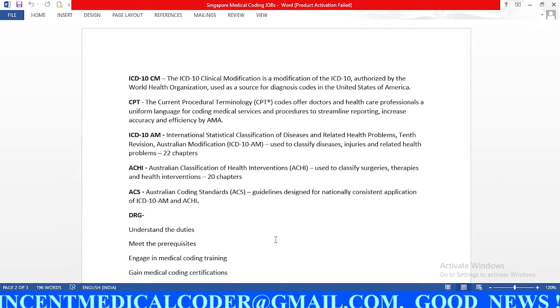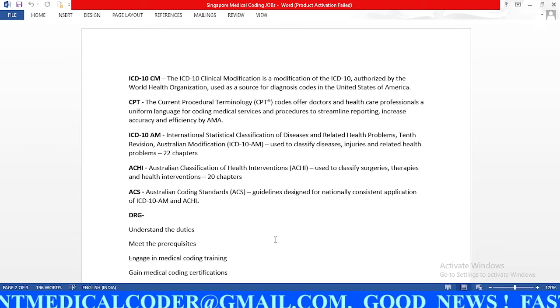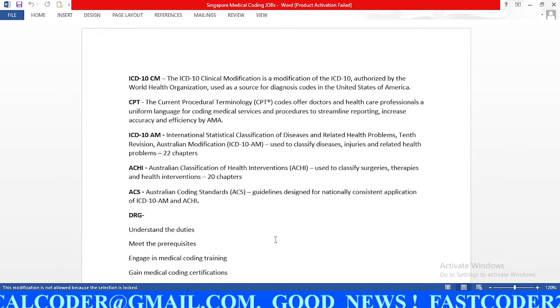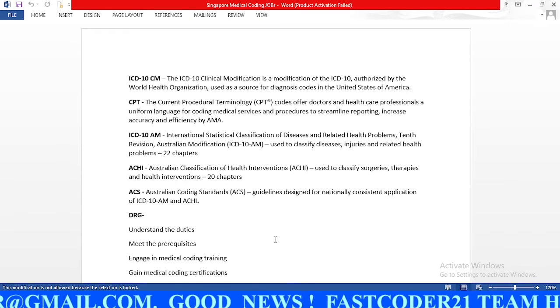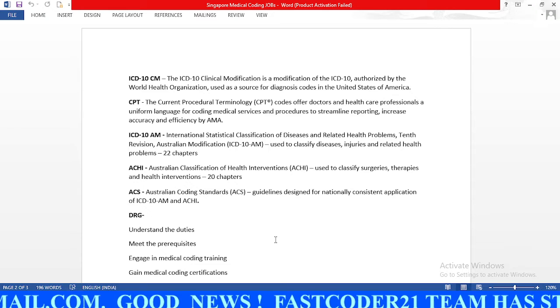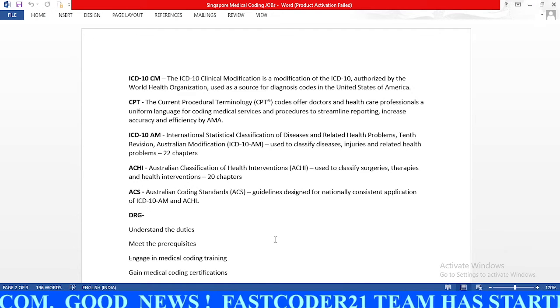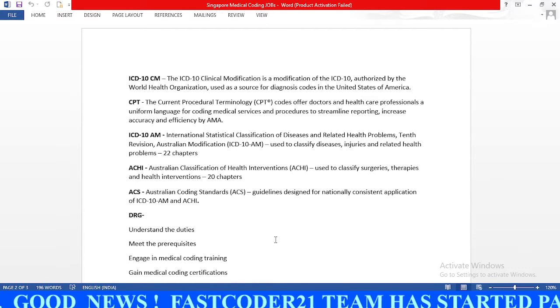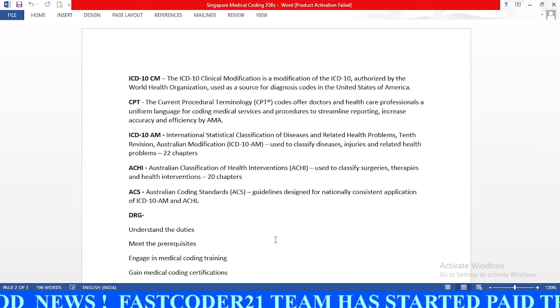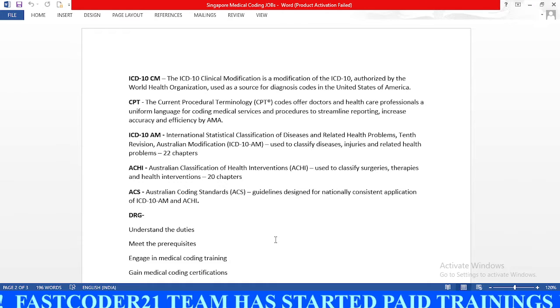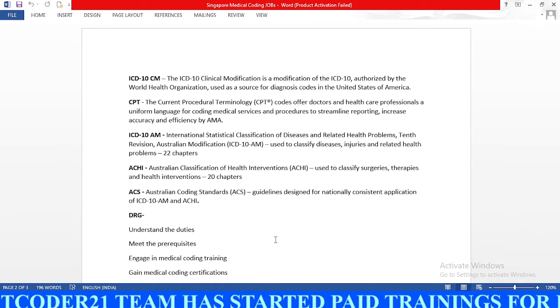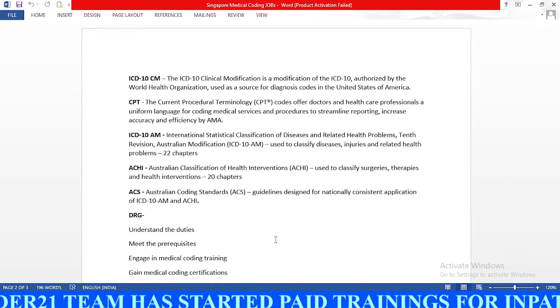In ICD-10-AM, we have 22 chapters. Mostly ICD-10-CM and ICD-10-AM resemble each other. If you know ICD-10-CM perfectly, you can do ICD-10-AM coding easily, as there is only a 20 to 30% difference between them.